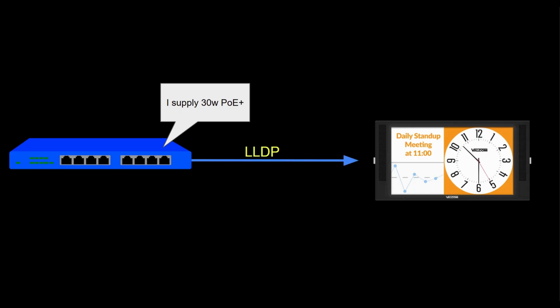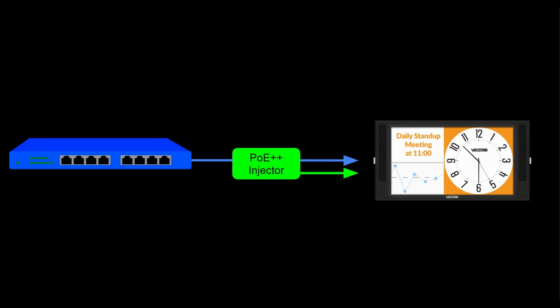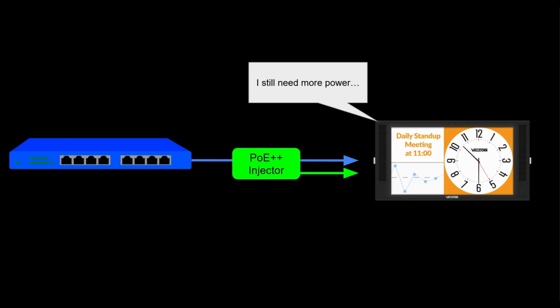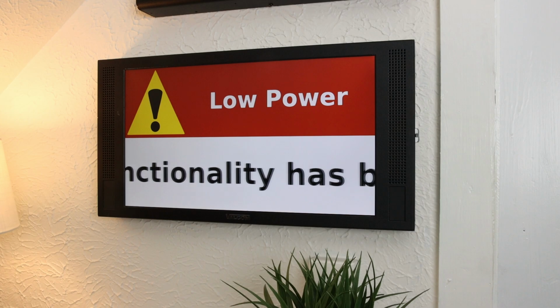But, as mentioned earlier, if you're installing on a network that doesn't have a PoE++ switch, you should use a mid-span power injector. Trouble is, these power injectors don't use LLDP. Therefore, even though the unit is getting the power it needs from the injector, it would still assume that it's underpowered because it isn't receiving LLDP information. The result would be that a low power message would appear on the display.